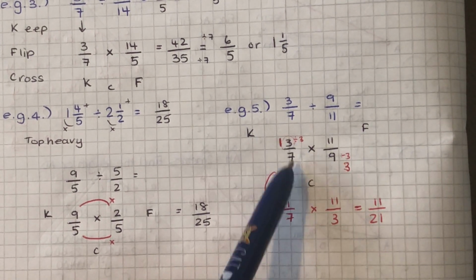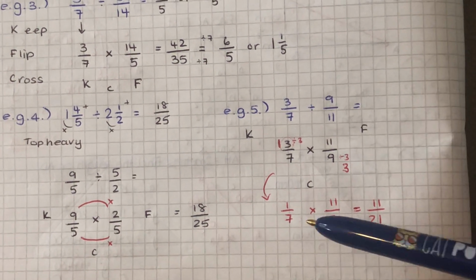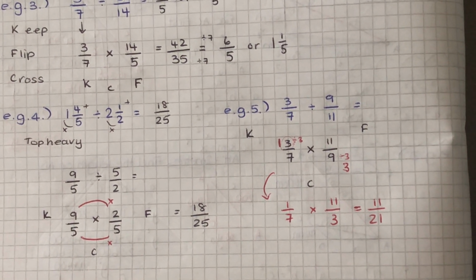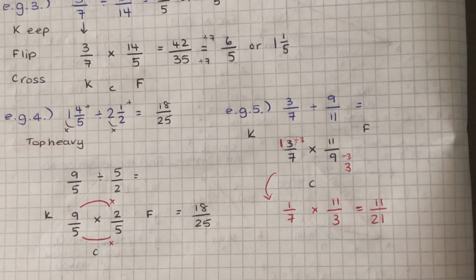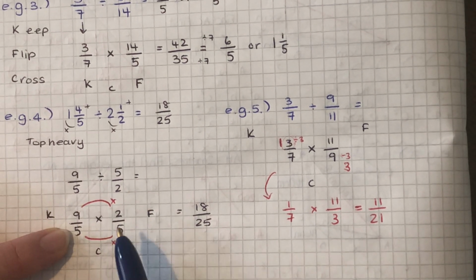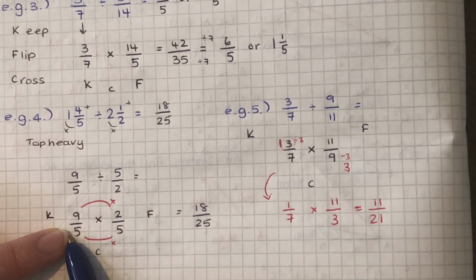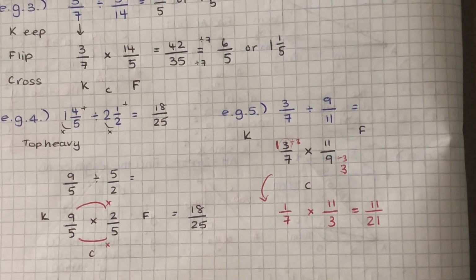It wouldn't normally be on the same fraction, because normally you would simplify before you even do the KFC bit. So normally it would be opposites, but as long as it's one from the top and one from the bottom. For this one here, we couldn't have simplified the 5 and the 5 because they were both the denominators, the bottom numbers. So it's just remembering that rule.